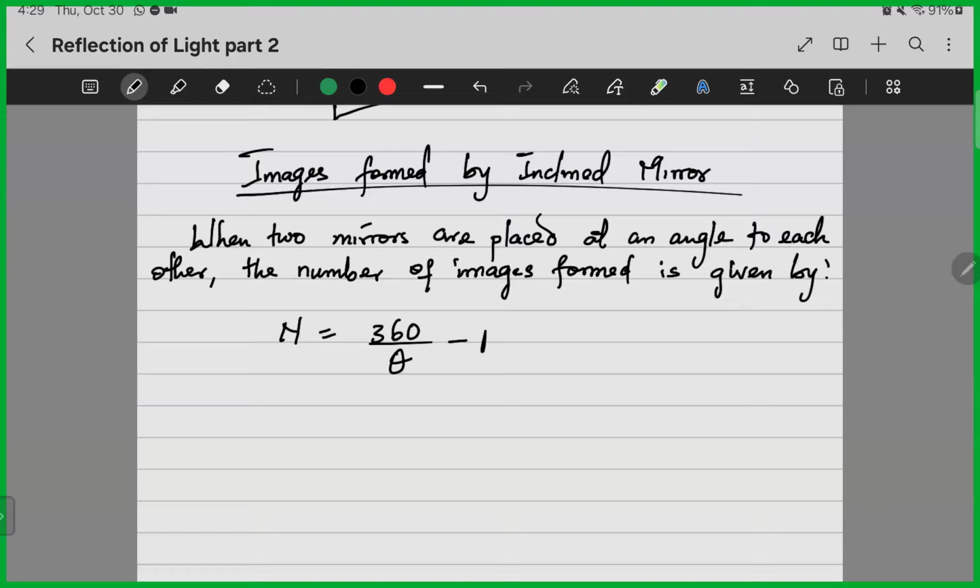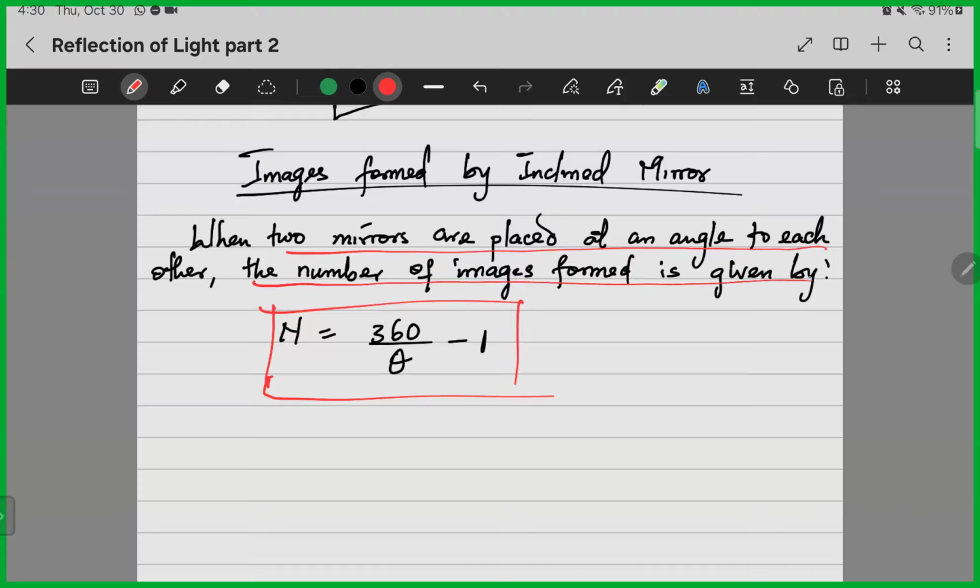Let's just take 1 minute. Observe this formula. Let me put it in red. It's very important. When two mirrors are placed at an angle to each other, that angle is theta. The number of images formed is given by this formula. Take 1 minute to make sure that you have that formula well written in your notes.